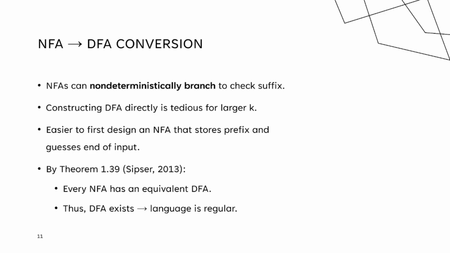This makes it easier to design an NFA that stores the prefix and guesses the end of the input. By theorem 1.39 from our textbook, every NFA has an equivalent DFA. So if we have an NFA that recognizes this language, we know that a DFA exists, and that assures us that the language is regular, even though the resulting DFA could be large as well.